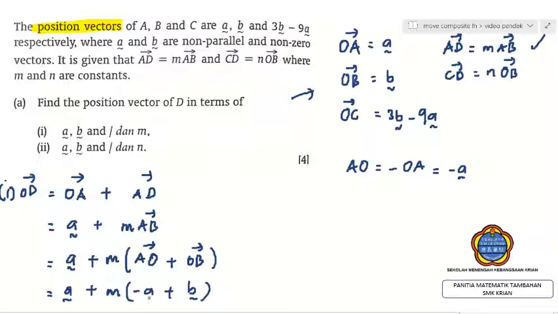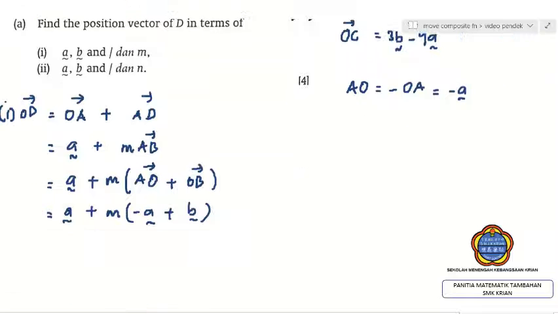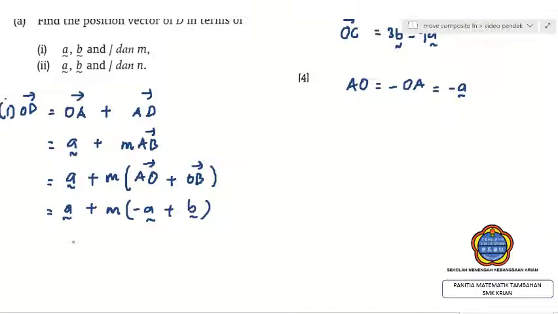Now solve until we get the final simplified answer. a minus ma plus mb, and we collect together the coefficient of vector a, separate from b. This is a(1 minus m) plus mb, so this is the final answer for vector OD. Alright, and continue for question number 2.